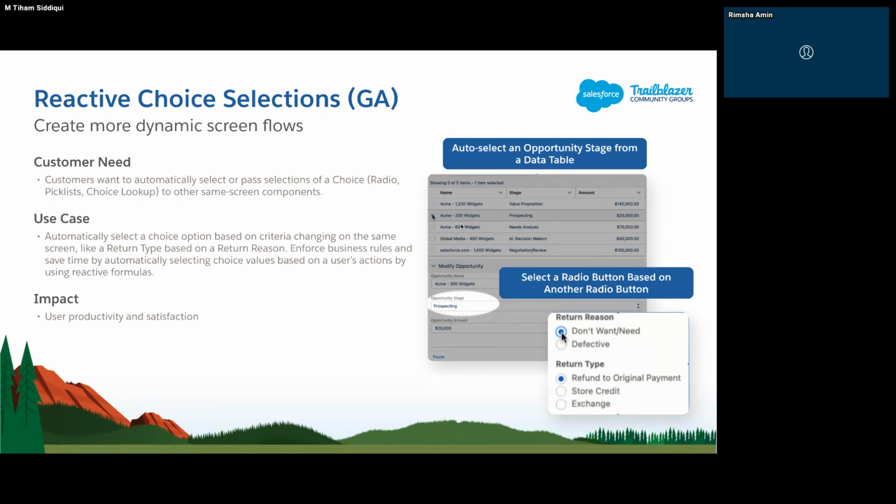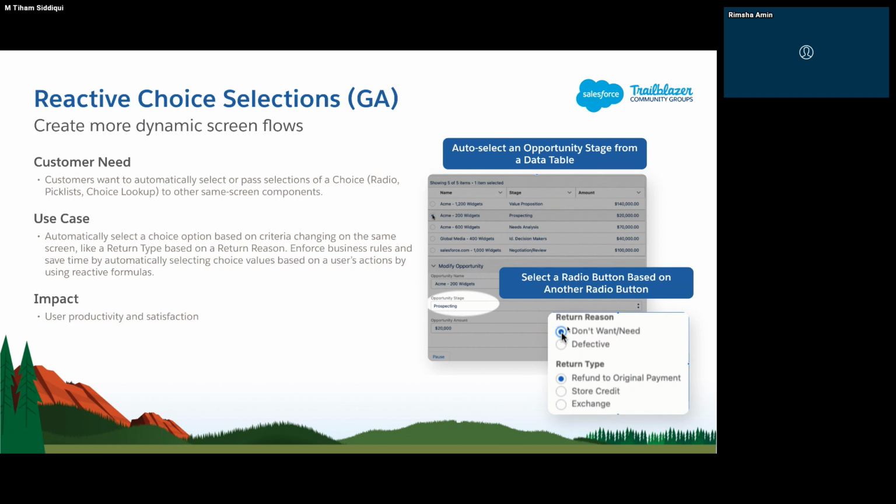For example, the user selected Acme 200 widgets. The stage is prospecting, and it automatically updates the picklist value. If the user selects the first one and the stage is value proposition, then it will automatically populate value proposition in the opportunity stage picklist.